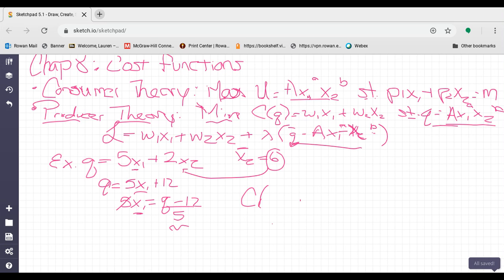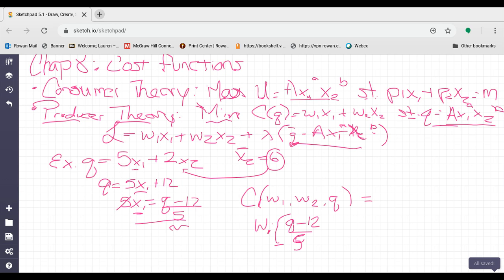So cost is a function of both wages and our output, how much we want to produce. And that equals, we take now what we have for x1. We know what we spend is going to be W1 times X1, but now we just want to put our Q minus 12 over 5 in here.